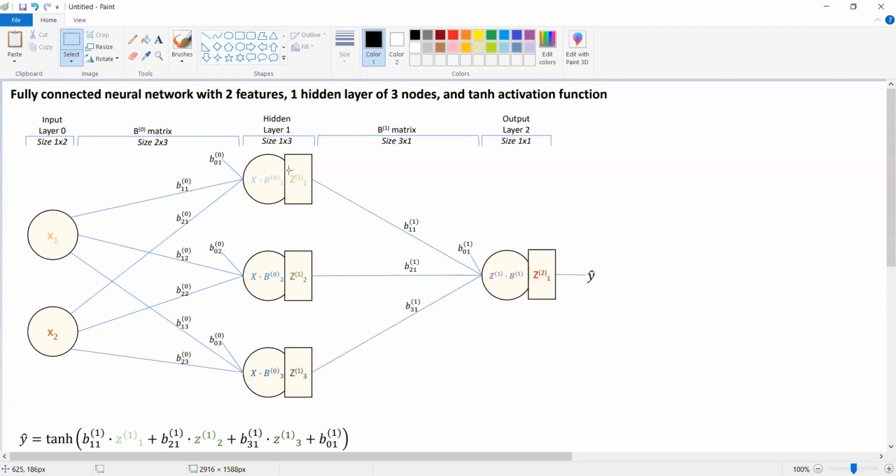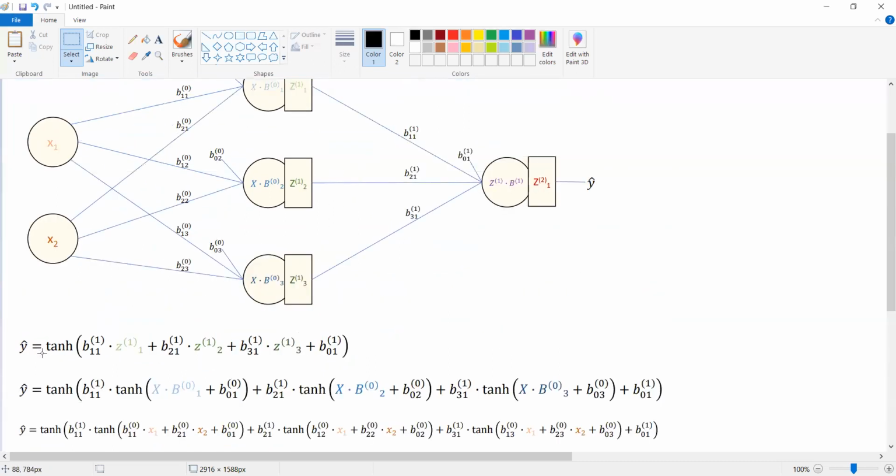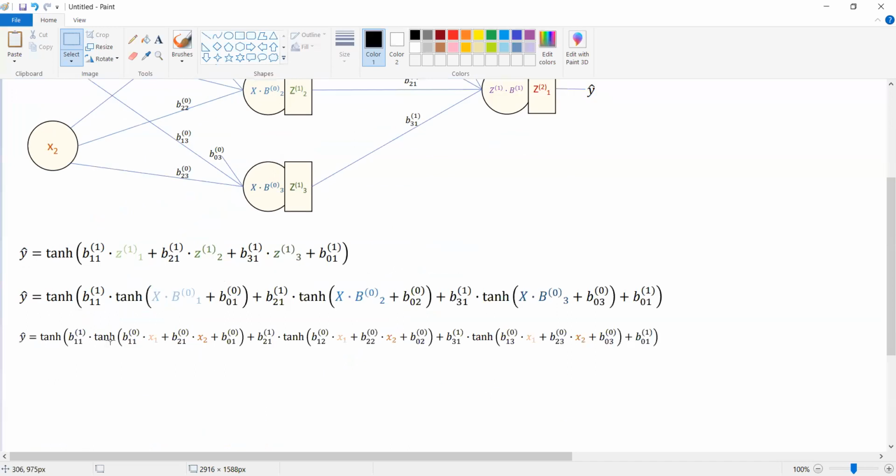Okay, but now we can look inside each one of those z terms and replace them with what they are equal to. Each one of them is equal to the hyperbolic tangent of x1 times the corresponding weight plus x2 times the other corresponding weight plus their own bias term. So if we do that, we open it up a little bit, we get this long expression, but this long expression tells us the relationship from y to our x's, or I should say from our x's to our y, okay?